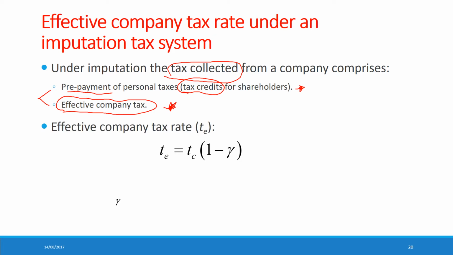Okay. As a result, the actual taxes that the company has to pay is only a proportion of the statutory or corporate tax rate, right? So after we adjust for the franking credit, this is how much tax the company has to pay, yeah?